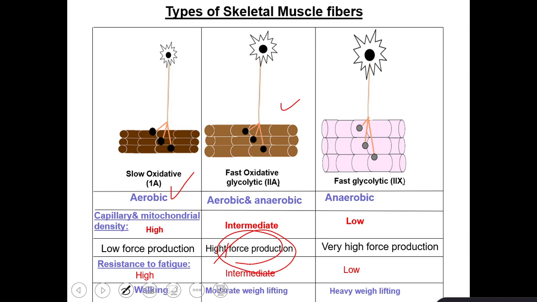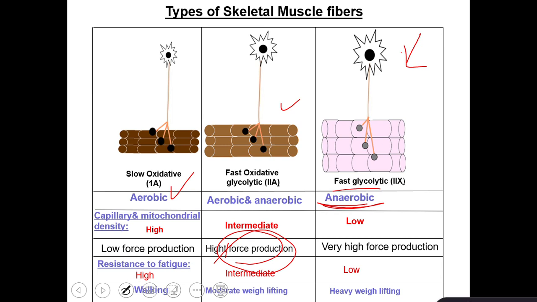And here, the largest size that we call fast glycolytic or type 2X, they are anaerobic, so they do not use oxygen. That's why they do not have a dense capillary and mitochondrial network. They don't need a lot of mitochondria since they do not need oxygen. They are very strong.